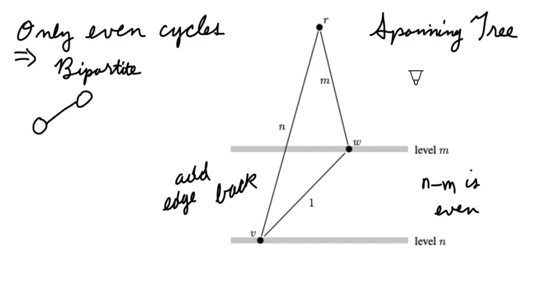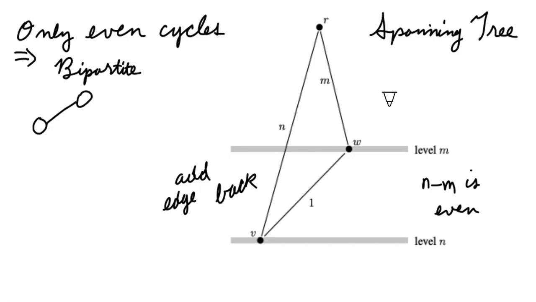So if we were able to add an edge in that connects two levels that are an even number apart, let's see, what issue would that be?